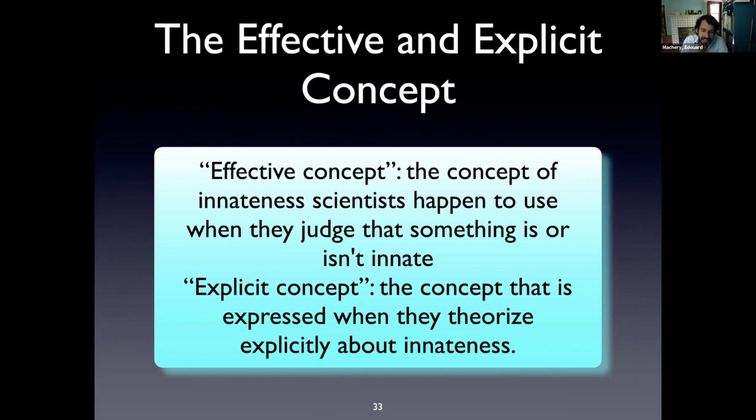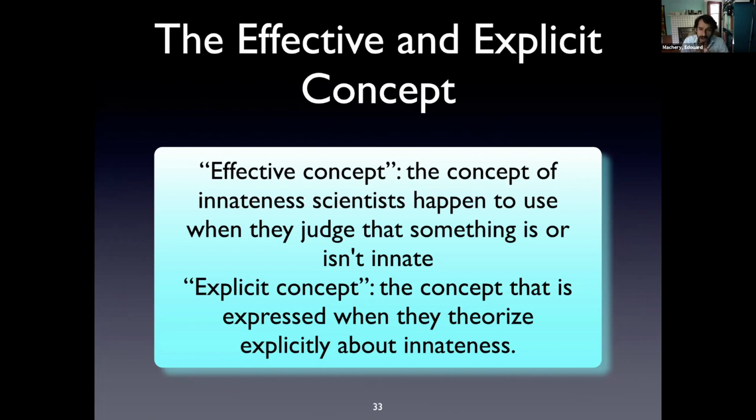The explicit concept, to start with, is a concept that is expressed when scientists theorize explicitly about a given topic. So, for example, the explicit concept of innateness is going to be the concept of innateness that scientists are going to use when they theorize explicitly about innateness. So when they write a paper about innateness, they're going to use this concept.